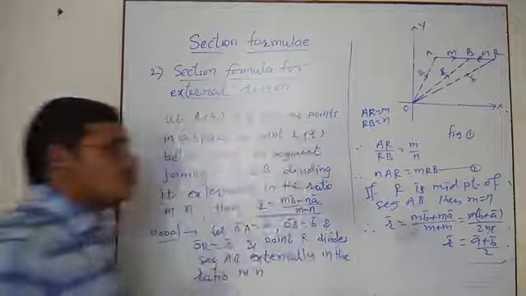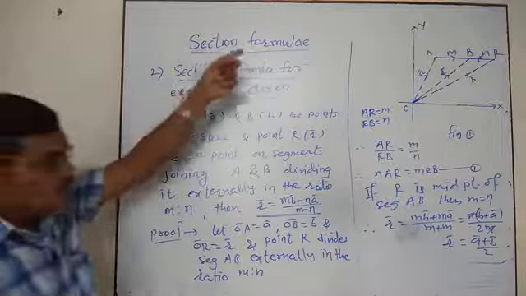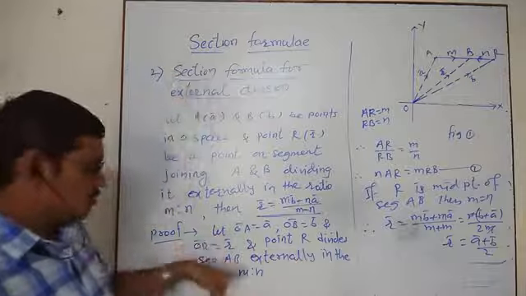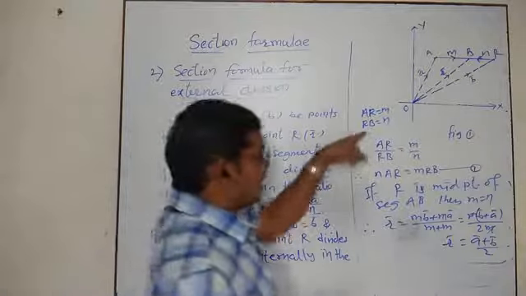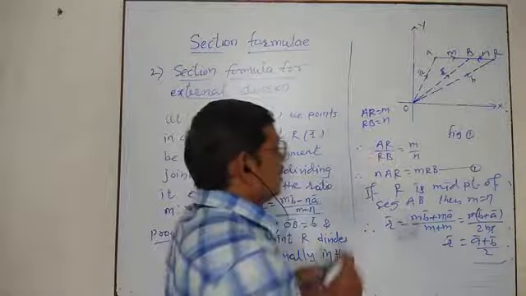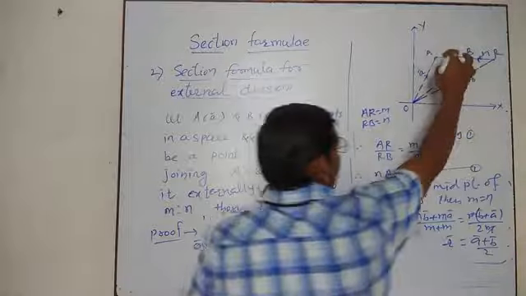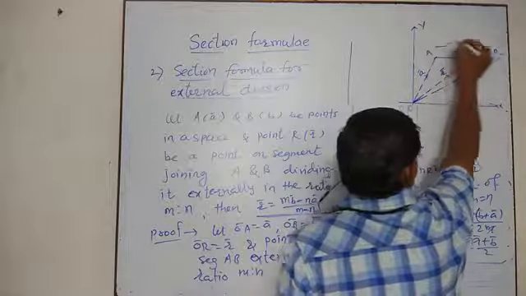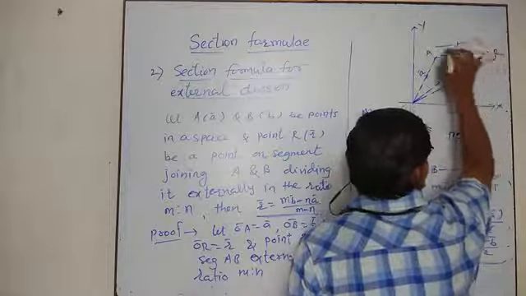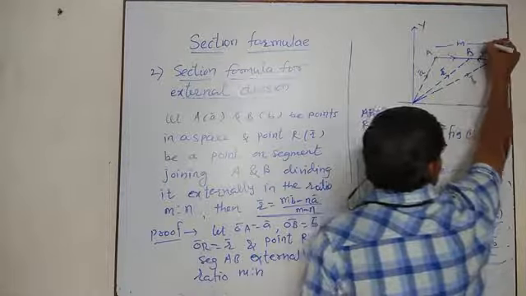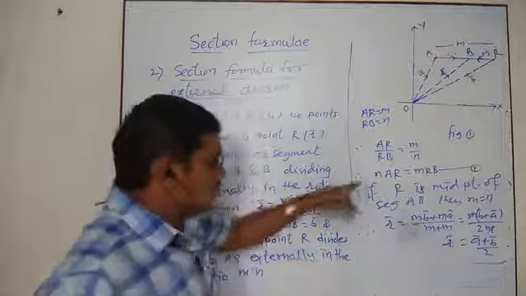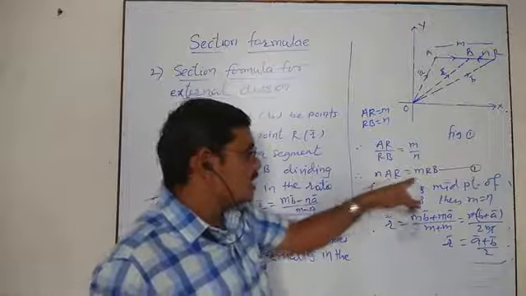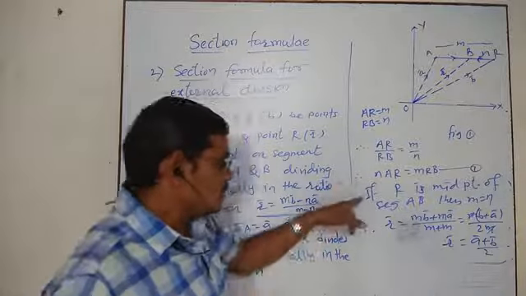Now we have given R divided externally in the ratio m:n. So the same formula, AR upon RB is equal to m:n. So n into AR is equal to m into RB.